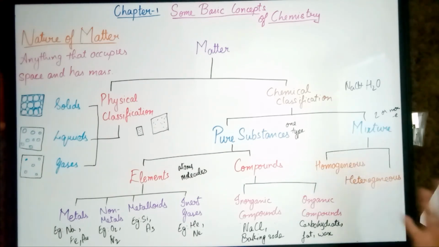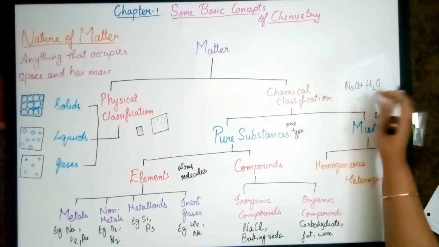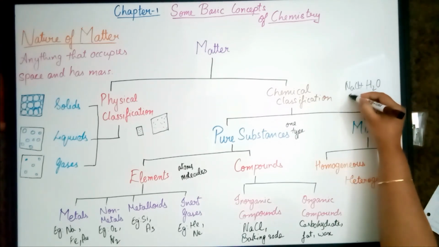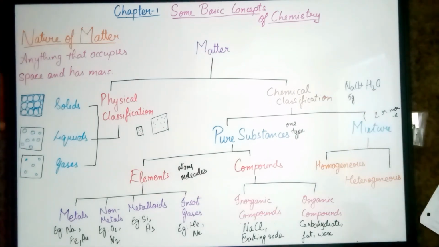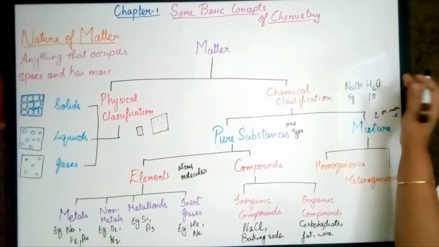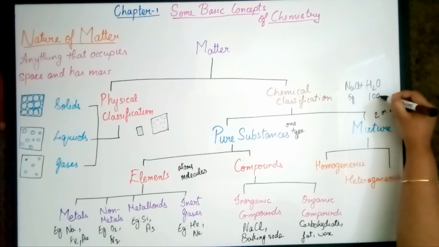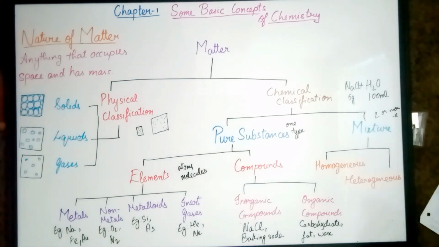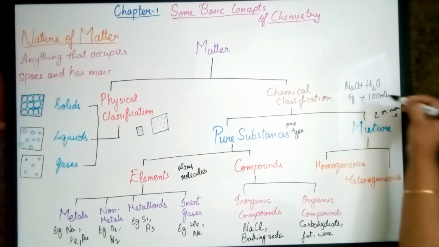That's sodium chloride. Now, if I want a mixture between these two, I can say that 5 grams of sodium chloride with 10 ml, that's a little too high, so I'm going to go with 100 ml of water is also a mixture.